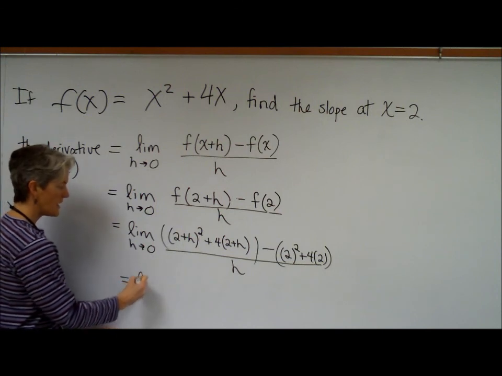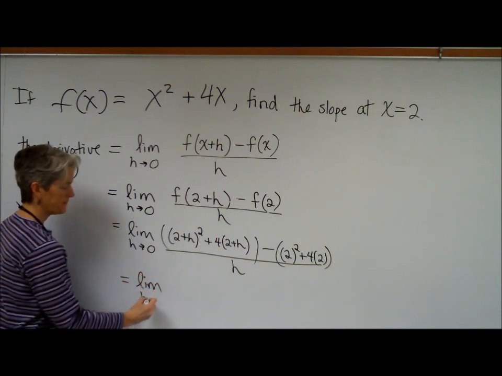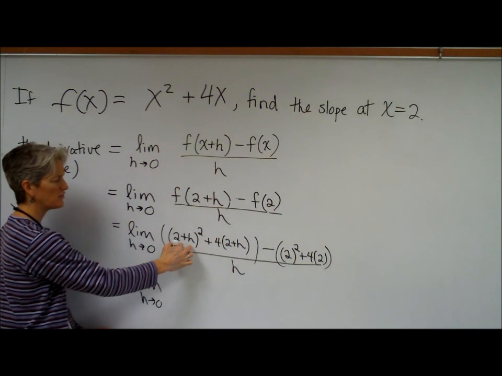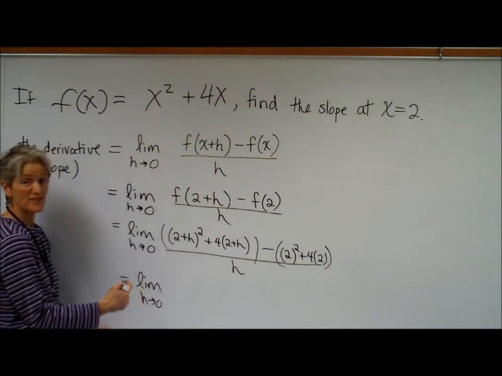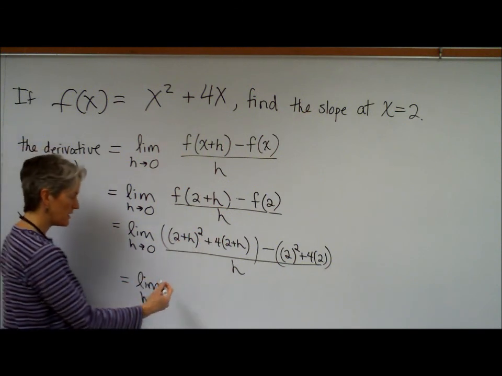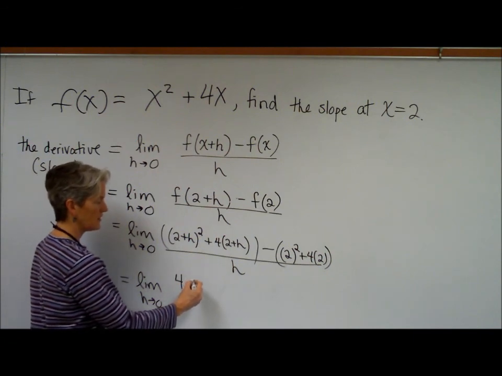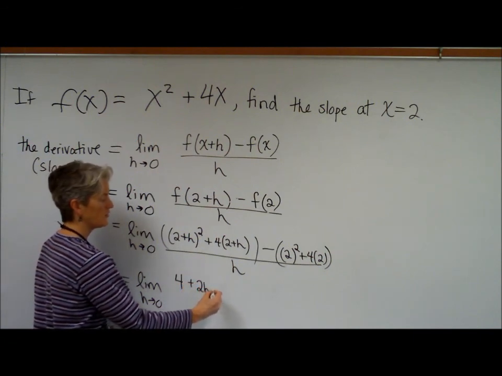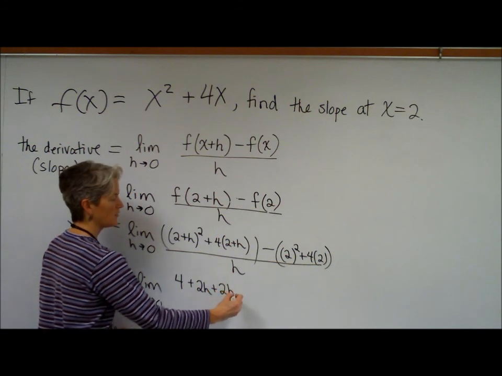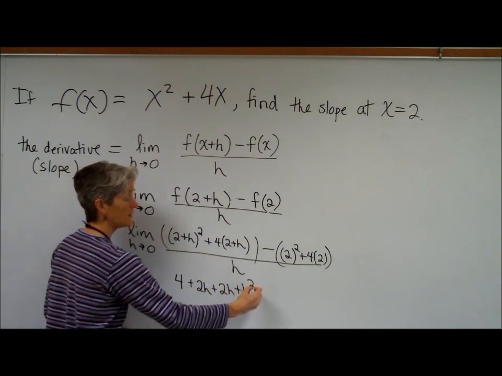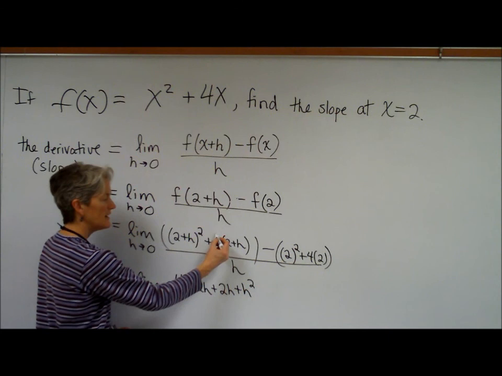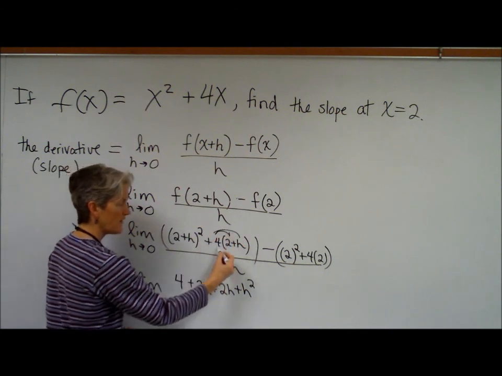Okay, time for some algebra. 2 plus h quantity squared. Well, that's 2 plus h times 2 plus h. So that's 4. You have to do your double distribution. Plus 2h, plus another 2h, plus h squared. All right, now here we're distributing there.